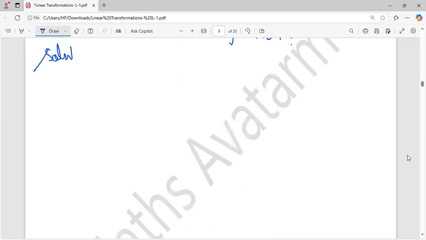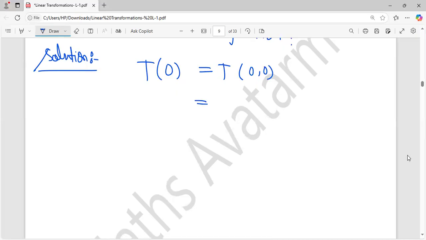Solution. T(0), what is this? T(0, 0). So it is 0 plus 0 plus 1. That is (1, 0), which is not equal to (0, 0).